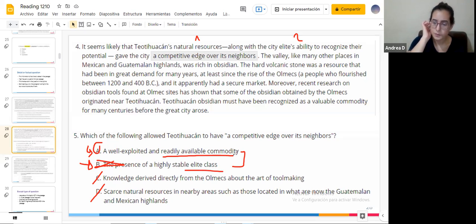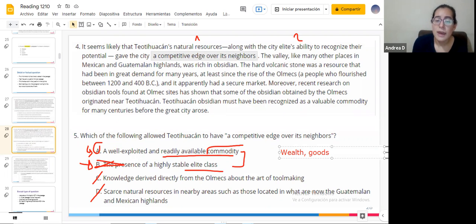Any thoughts? Well, commodity is for sure not comodidad, right? Commodity means basically resources. So commodity is the wealth. Okay, I'm gonna write that down. The wealth or the goods that you possess, the things that you own, basically your property.